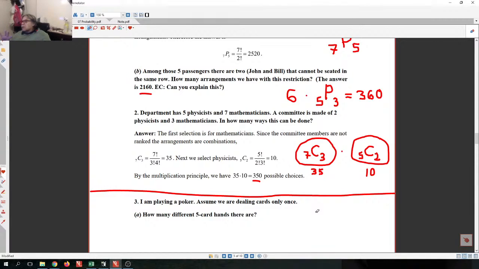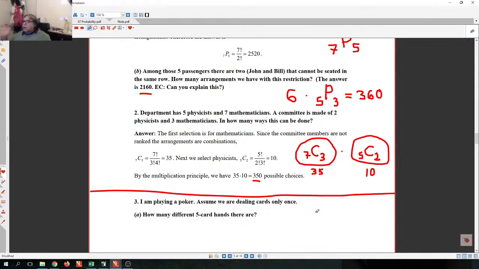Now the question is, can you repeat? No. In a hand, you're going to have 5 different cards. You cannot have ace of spade and ace of spade. So, no repetition. The next question is, of course, does order matter? It doesn't matter what is the first card, second card, third card, fourth card, fifth card.